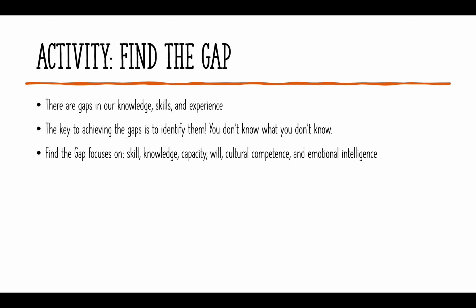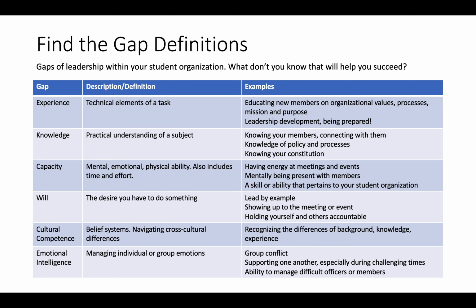So the gaps that Find the Gap is going to focus on include skill, knowledge, capacity, will, cultural competence, and emotional intelligence. This is from the actual activity that I found online. These are the definitions of what each gap is, and then examples of what that gap is.